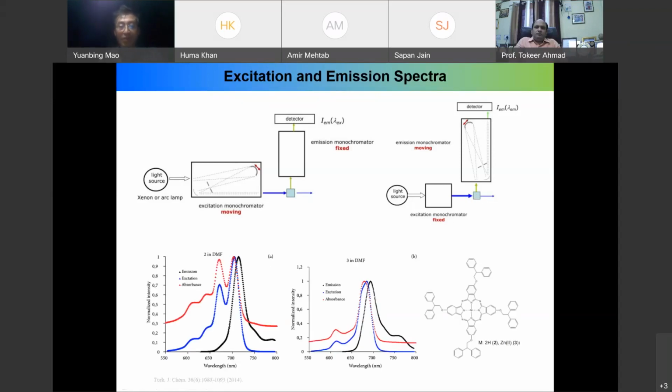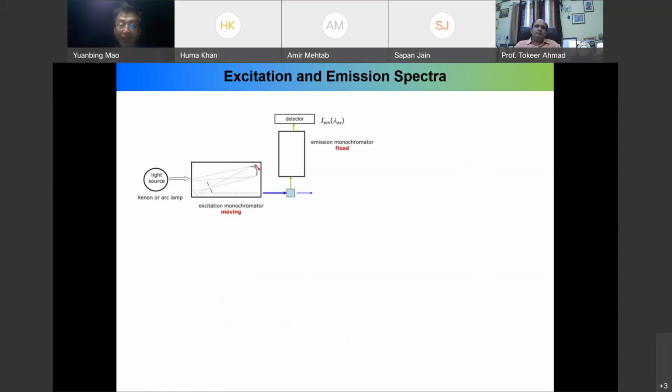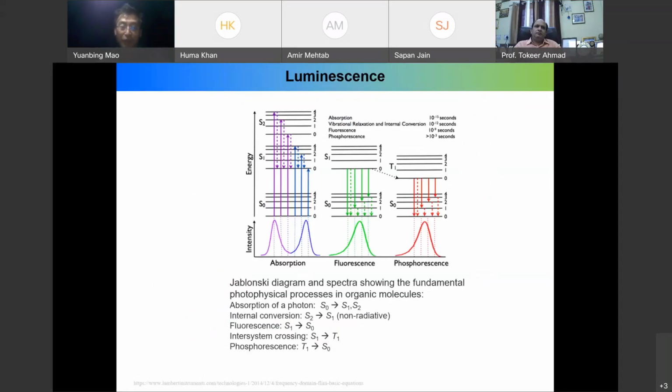Also, another important thing we need to understand, if I go back here, is the difference between the absorption and the excitation spectrum. Absorption is also related to the excitation source, and it shows at which wavelengths the material will absorb the excitation light.